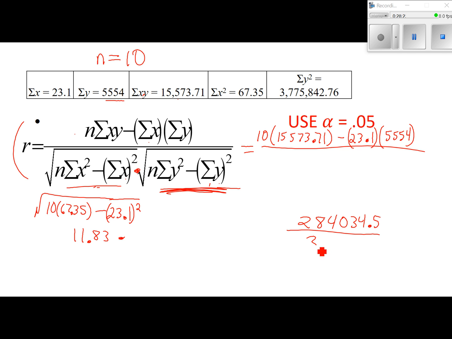I think I did something wrong on the top.